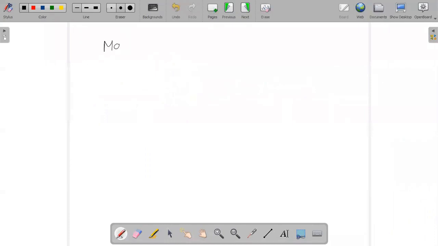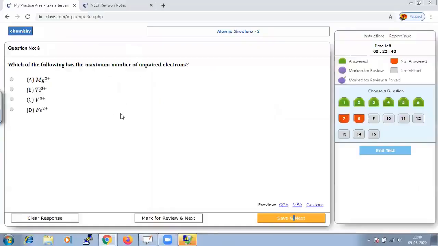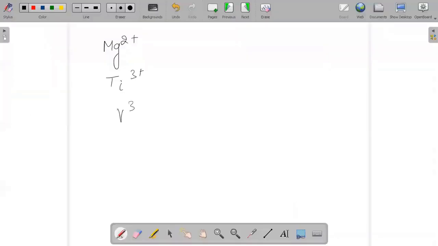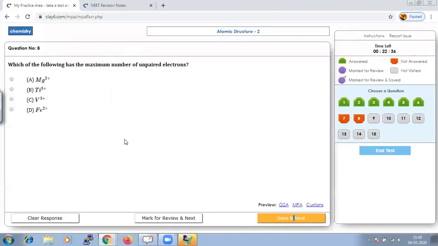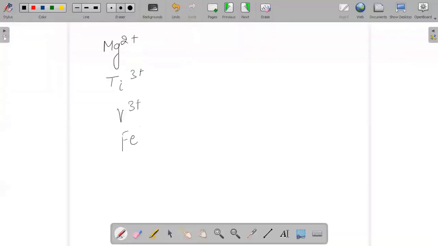Like if I say Mg2 plus, we have to find how many unpaired electrons. That is your titanium. The next option is V3 plus, and Fe2 plus.